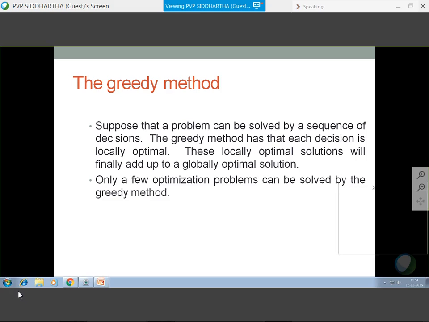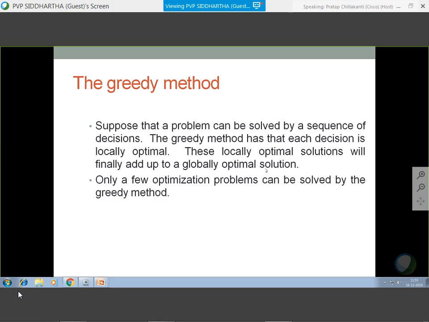So again, repeating the same thing, you are basically making a sequence of decisions. And then at every point when you make a decision, the decision is locally optimal. Okay. And the idea is in some cases, they do add up to a globally optimal solution. In the case of US currency, you have seen that it is optimal. Okay.